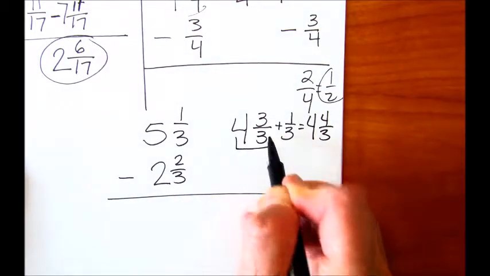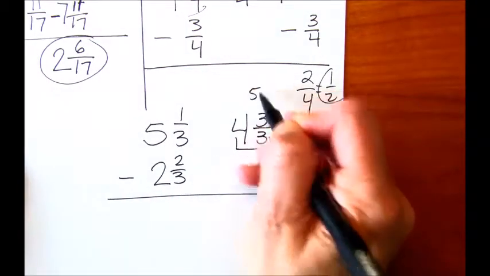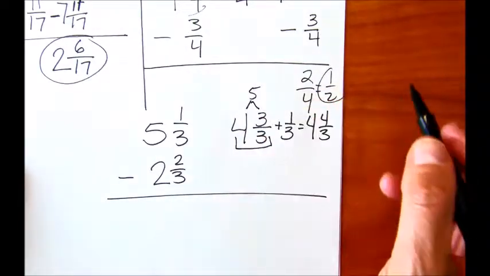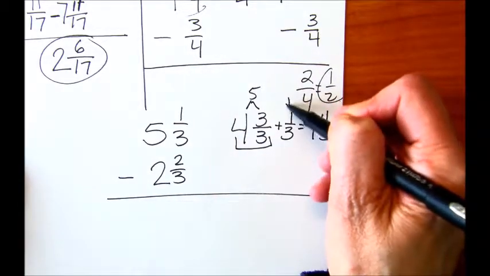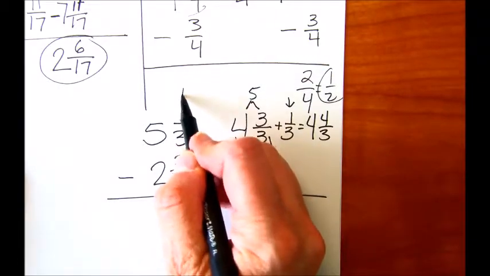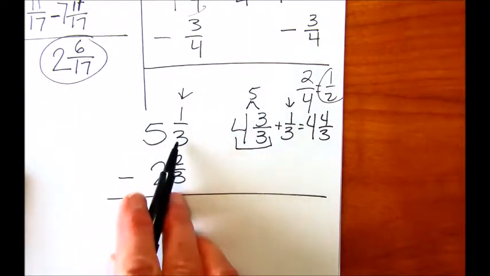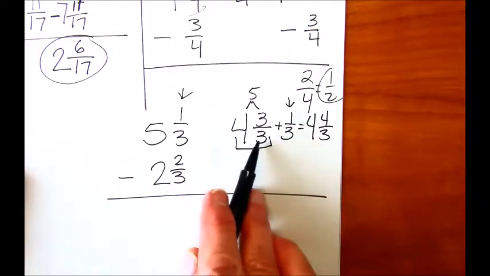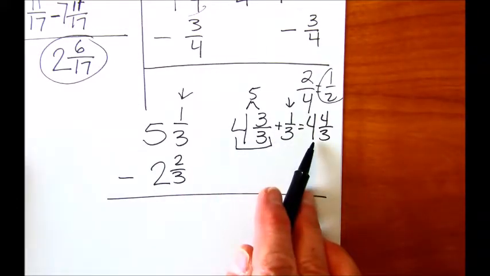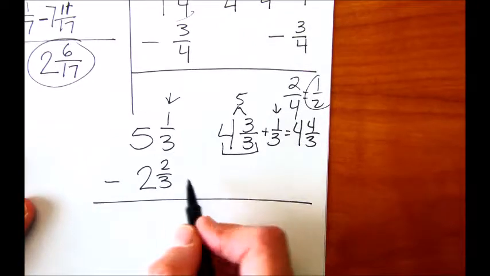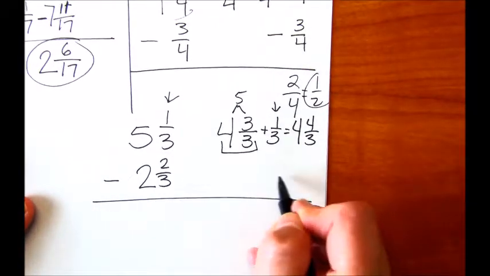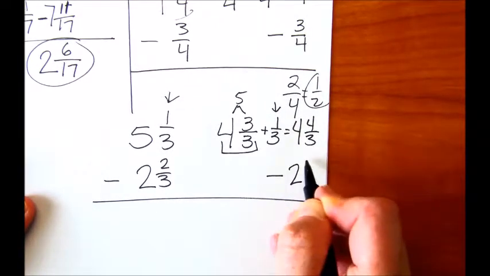So this is equal to 5. And then I need to include this part because that was part of my original problem. It wasn't just 5, it was 5 1/3. And so that's why I'm adding here. I get 4 4/3. Now I can move this all the way over here and I get 2 2/3.